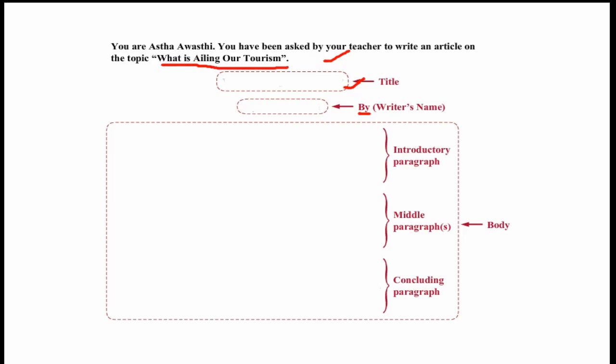Connected to the title, you have to write the second paragraph, or you can extend the paragraph, that is called body, and finally conclude the paragraph. So this is the same thing you have implemented for writing your essay, but one thing is different here, that here you are mentioning your name, that this article is written by you, none other.